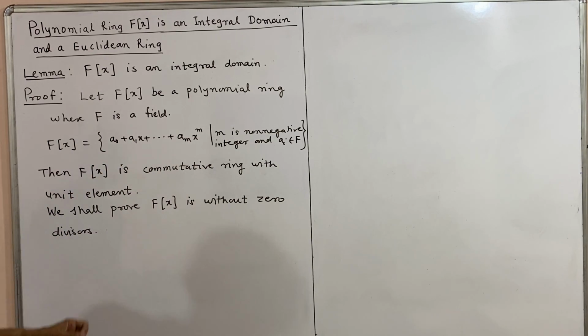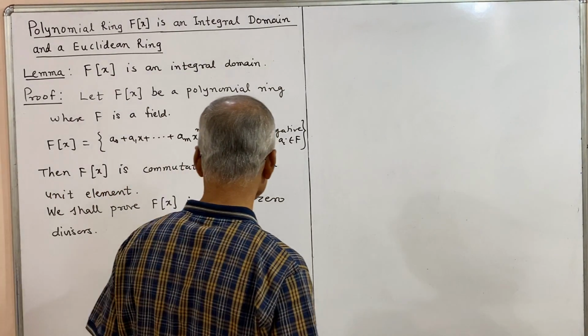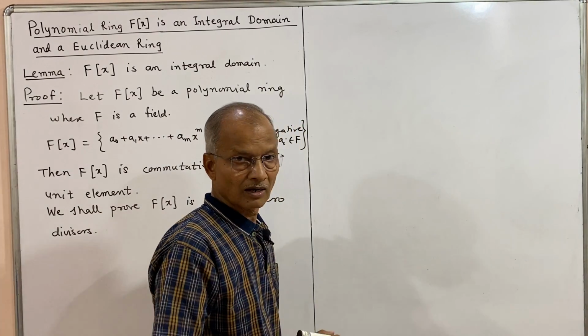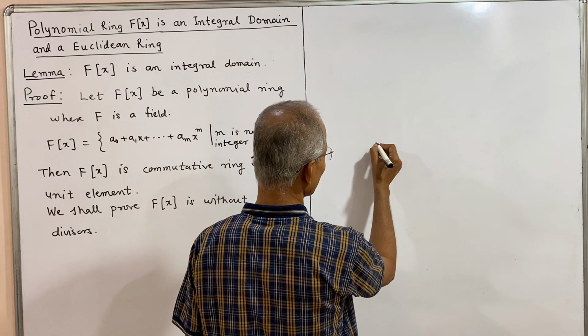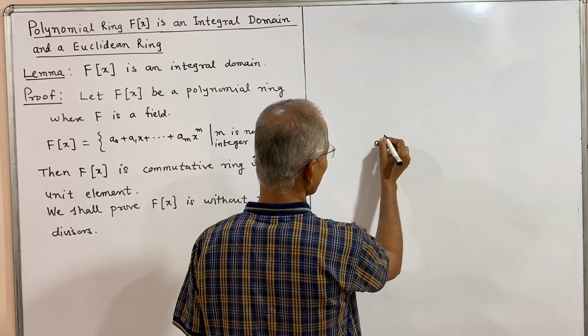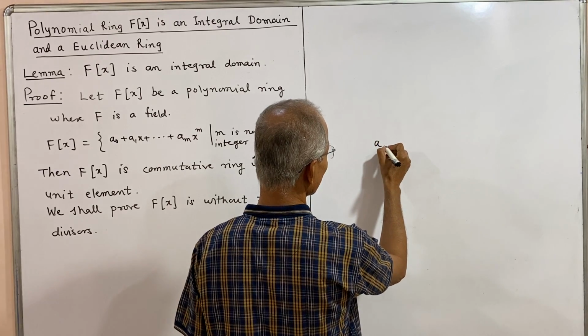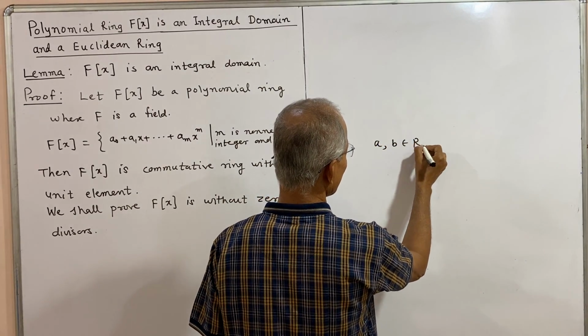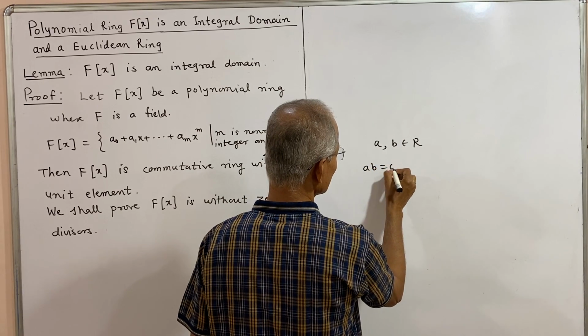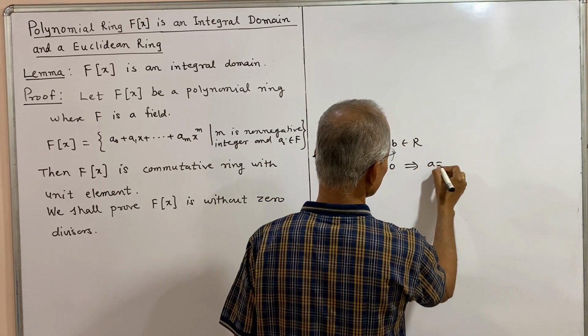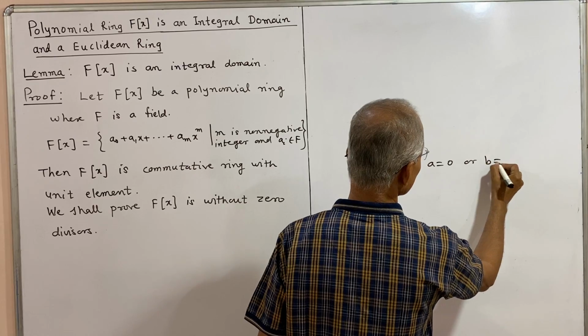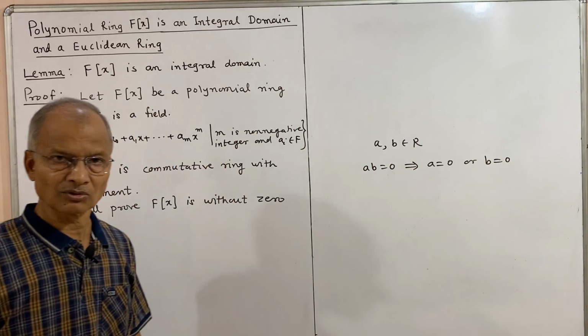And what is the meaning of a ring without zero divisors? Earlier we have defined it in integral domain. That means R is an integral domain, a, b belong to R, a into b equal to 0 implies either a is equal to 0 or b is equal to 0, then it is without zero divisors.